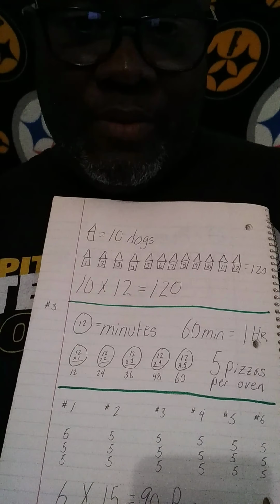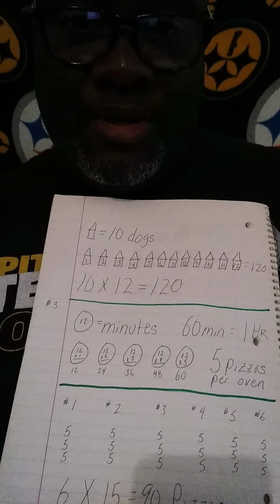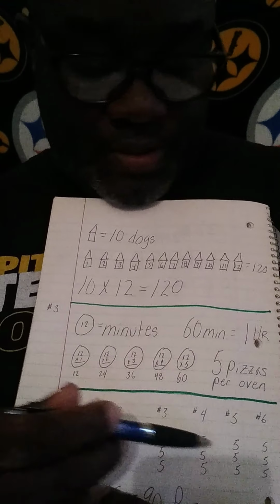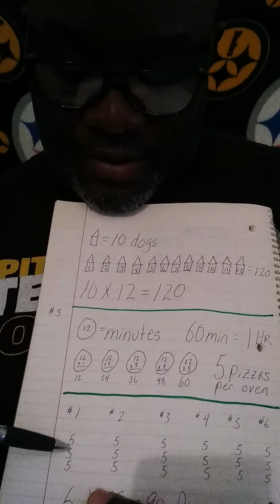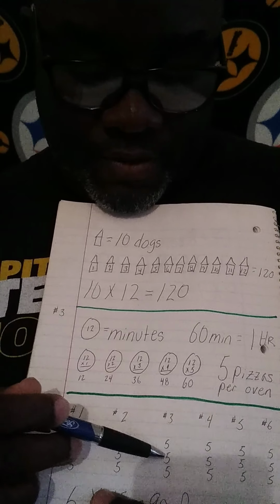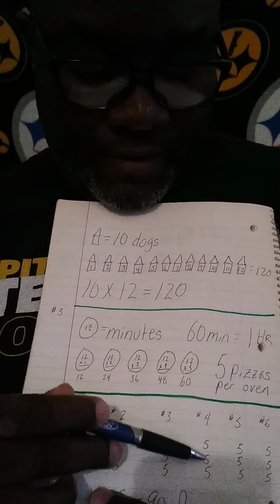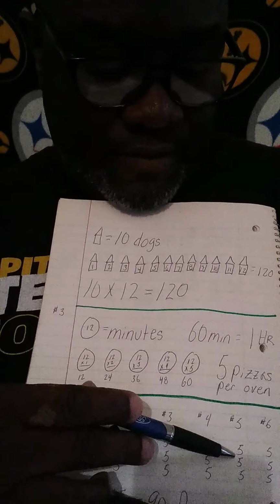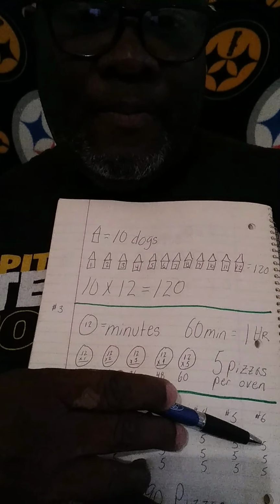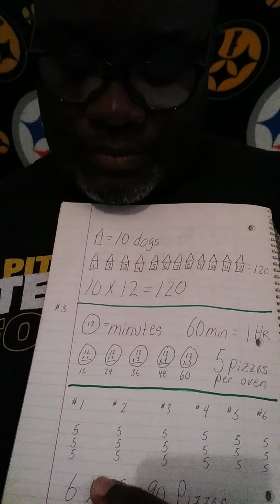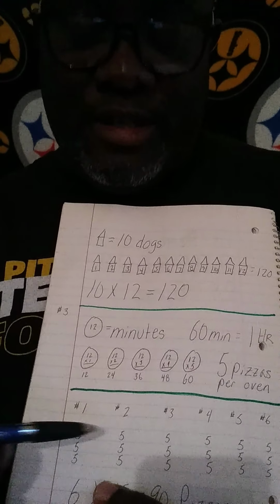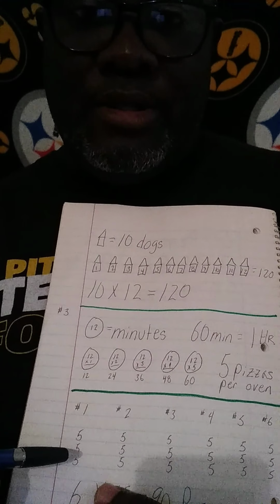Now, we practice skip counting all the time, so we can just skip count through all these numbers and see what we come up with. 5, 10, 15, 20, 25, 30, 35, 40, 45, 50, 55, 60, 65, 70, 75, 80, 85, 90. Wow, we came out to a total of 90 pizzas for 6 ovens in 3 hours.